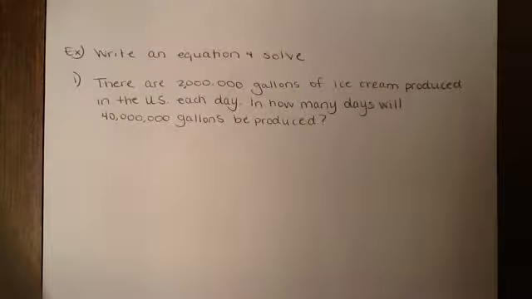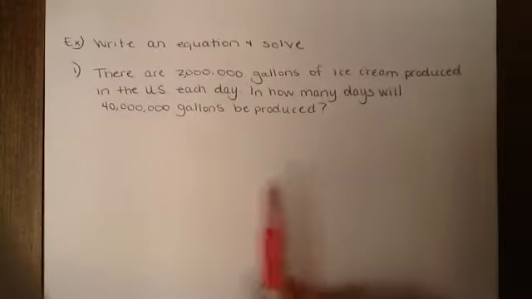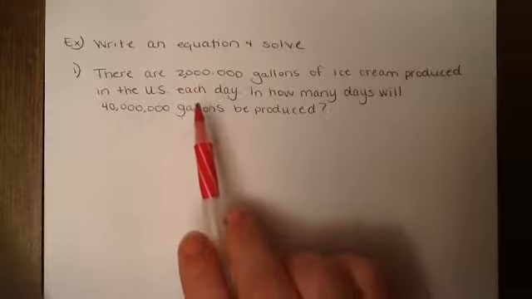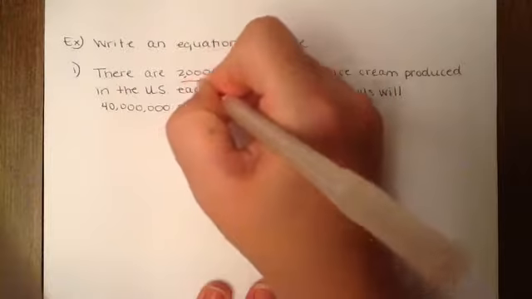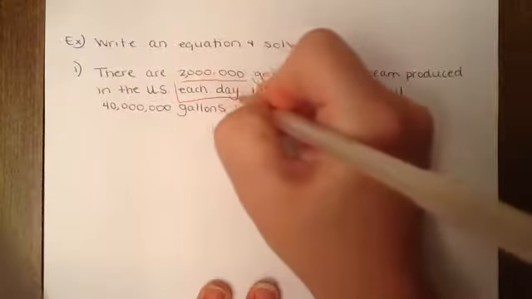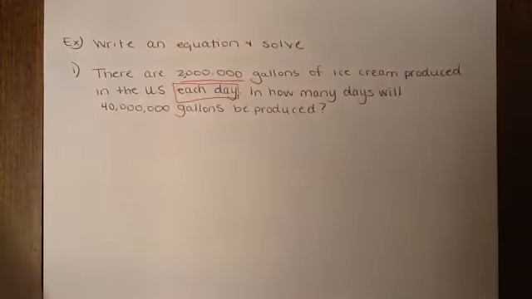There are 2 million gallons of ice cream produced in the U.S. each day. In how many days will 40 million gallons be produced? So let's think of what's going on here. 2 million each day. So here's some key pieces. 2 million each day.